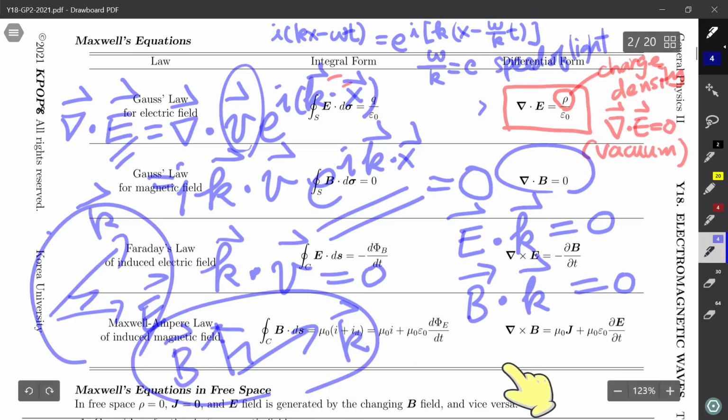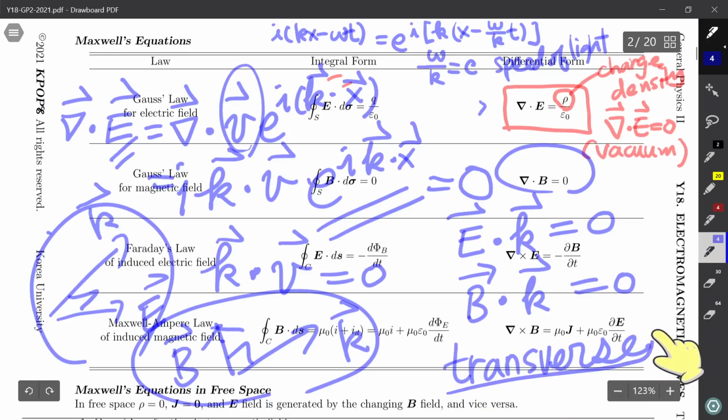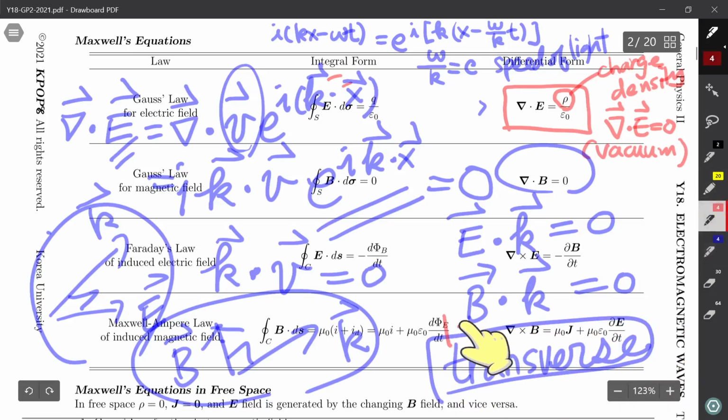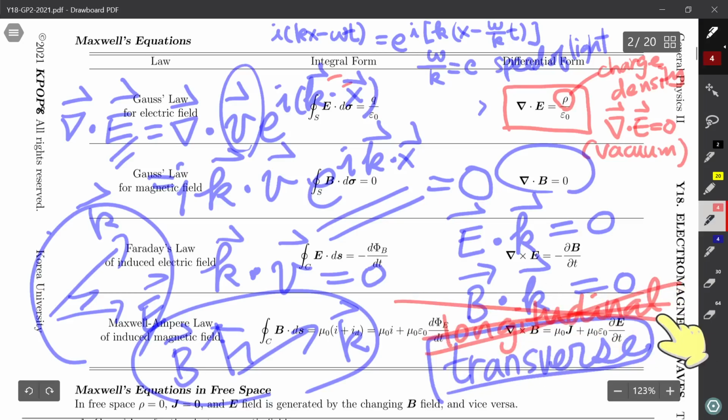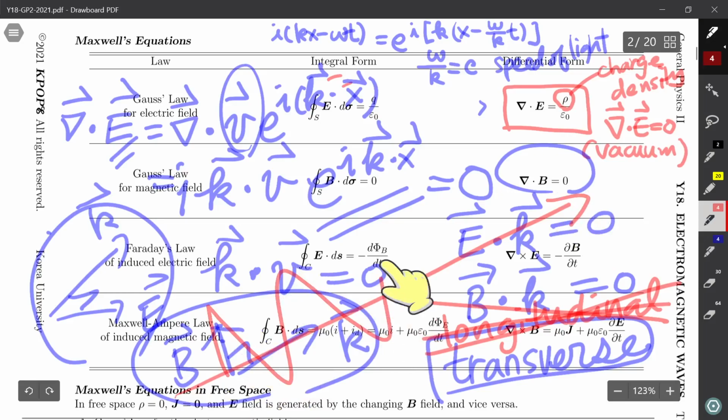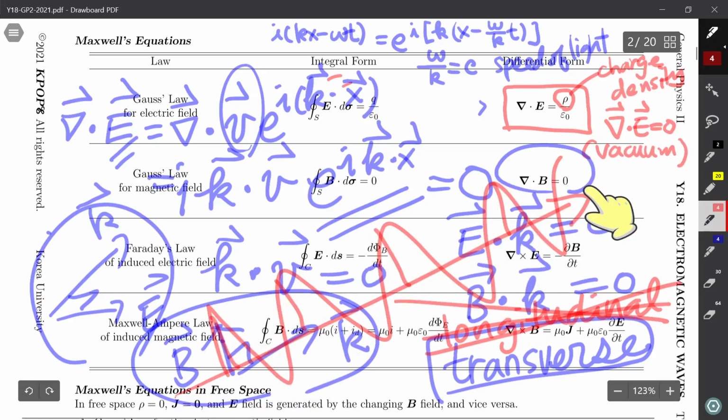Therefore, electromagnetic field oscillation is transverse. It is not longitudinal, unlike a sound wave. This is the direction of propagation, and the magnetic field oscillates in this way, perpendicular to the direction of propagation.